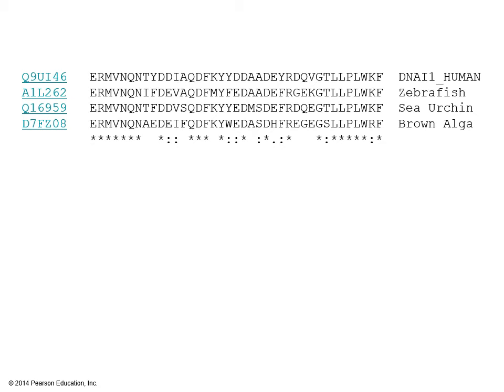Now, there's one type of mutation that you would expect to find in these areas that wouldn't be eliminated by natural selection, and that's silent mutations, because evolution can't detect silent mutations. Those are those mutations in the 3rd letter of a 3-letter word. So the codons that specify E, R, M, V, N, Q, N, for instance.